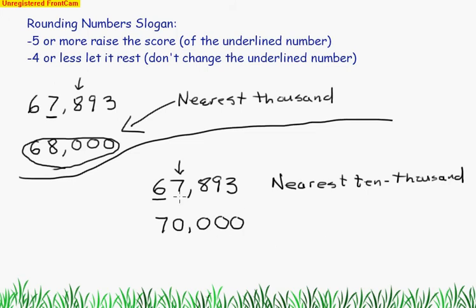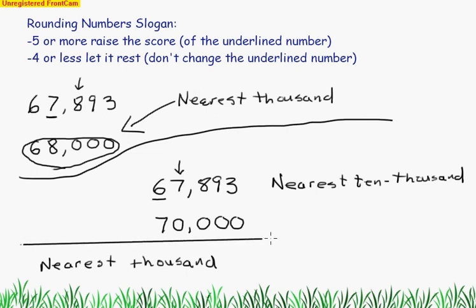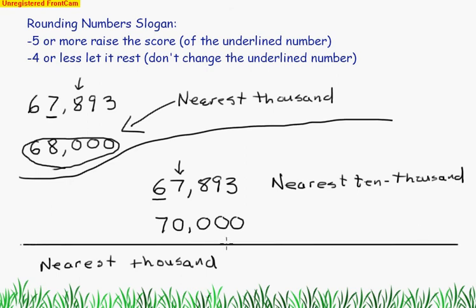I hope that you enjoyed this little tutorial, and I'd like you to get a piece of paper and a pen and round these numbers to the nearest 1,000. Here we go.